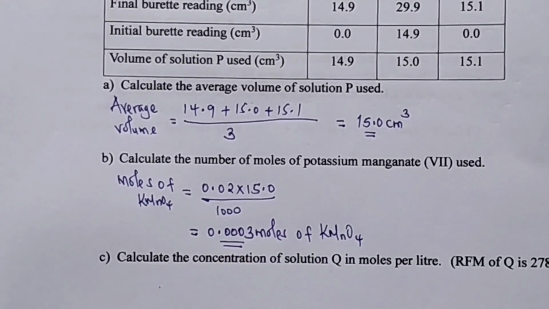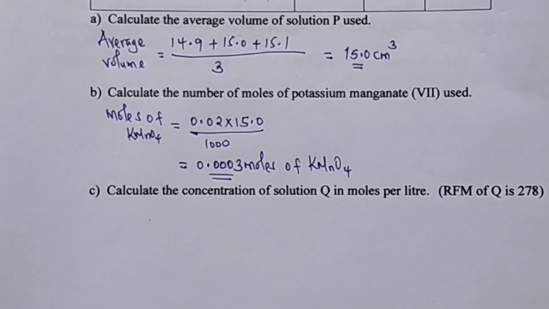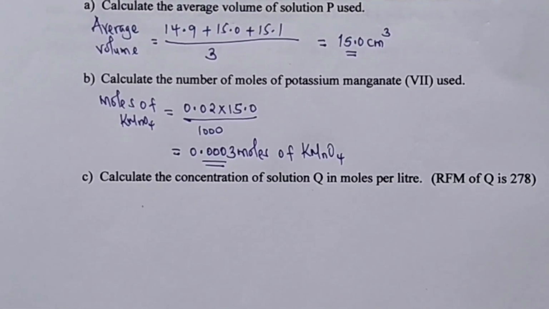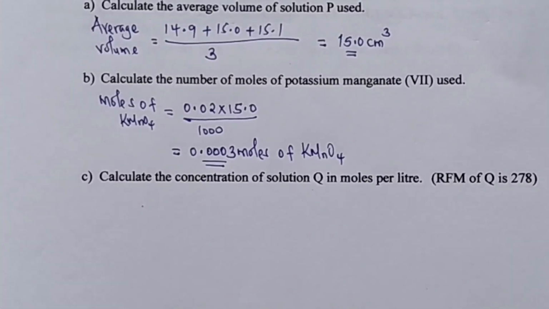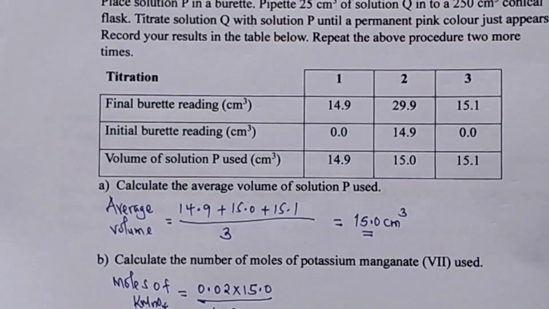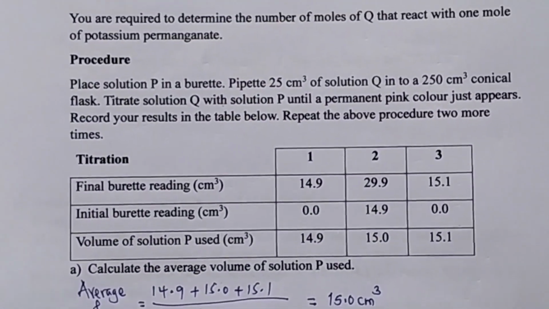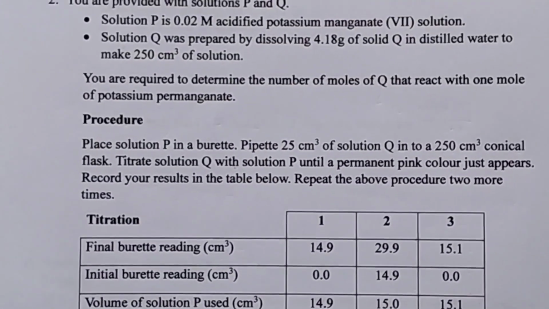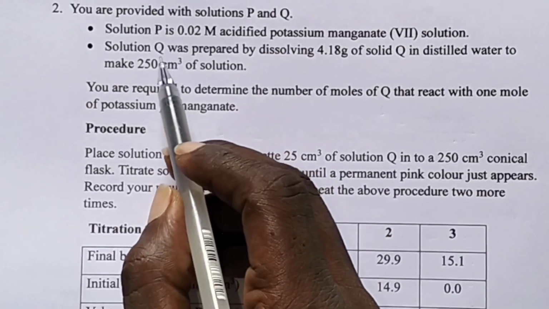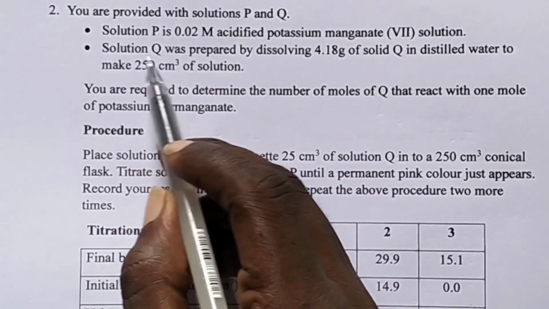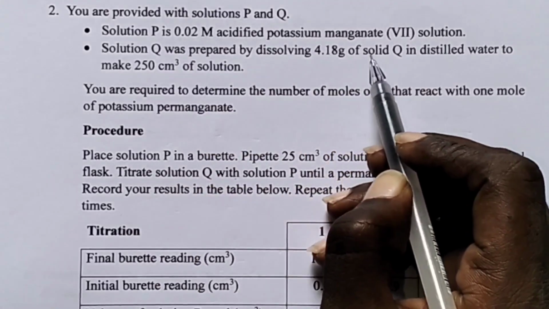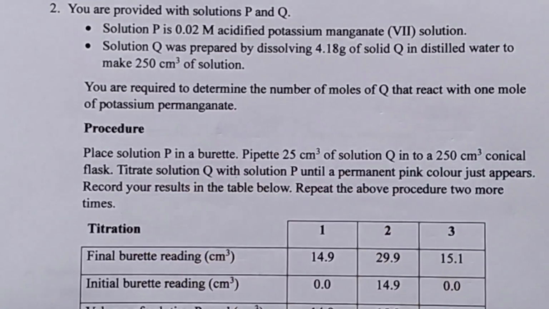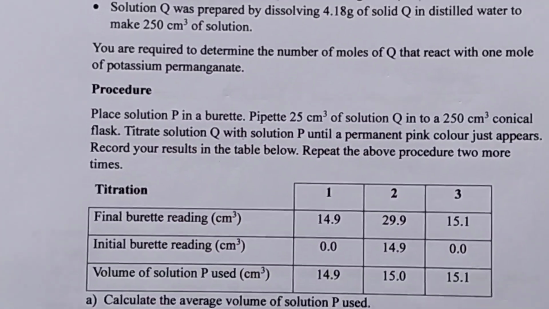Okay, next we are told part C, calculate the concentration of solution Q in moles per liter. They have given us information about solution Q. Solution Q was prepared by dissolving 4.18 grams of solid Q in distilled water to make 250 cm³.